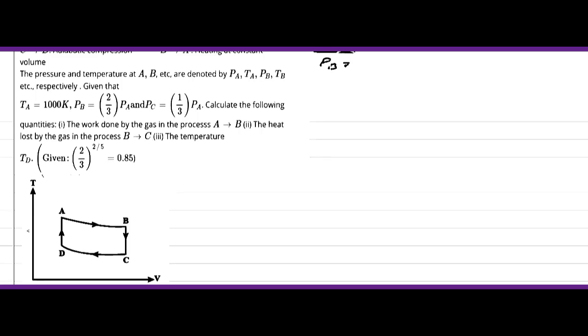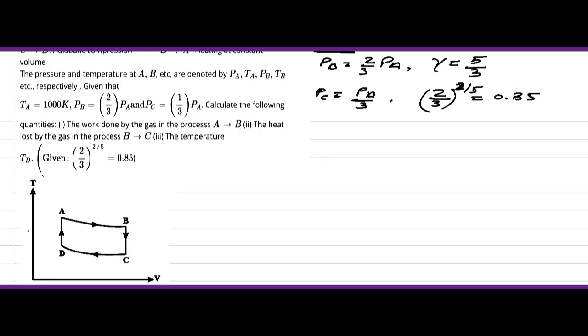And we know that PB is equal to 2 by 3 of PA. After that, since the gas is monoatomic, gamma will be 5 by 3. Gamma is the Poisson ratio. And PC is equal to PA by 3, or we can say 1 by 3 into PA. And one more thing is given that is very important: 2 by 3 whole raised to power 2 by 5 is equal to 0.85.